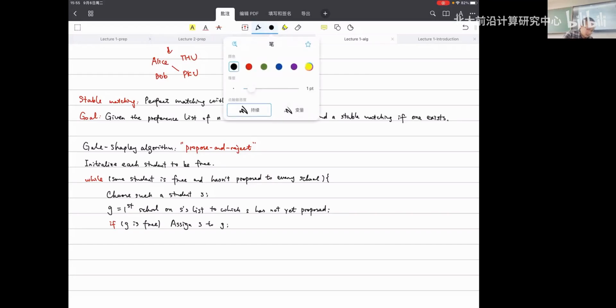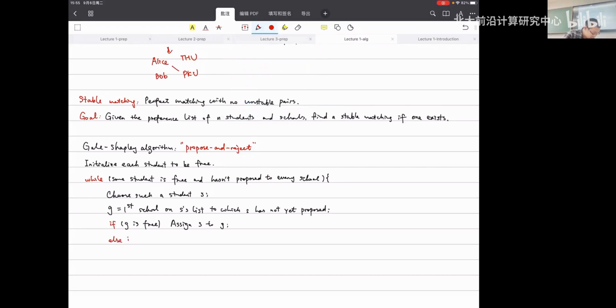On the other hand, there can also be the case, else if G is not free. If the school is not free, that means currently the school has been assigned to a student.